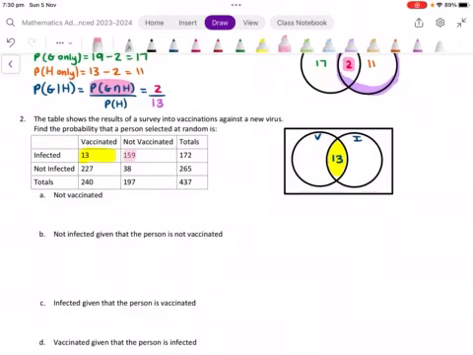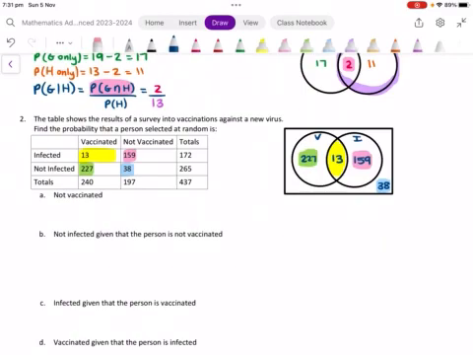So this bit of information goes in here, so that will be 159. We have our vaccinated but not infected is going to go in here, which is our 227, and we will have our not vaccinated, not infected goes on the outside of our Venn diagram, so down in the corner, and that's number 38.